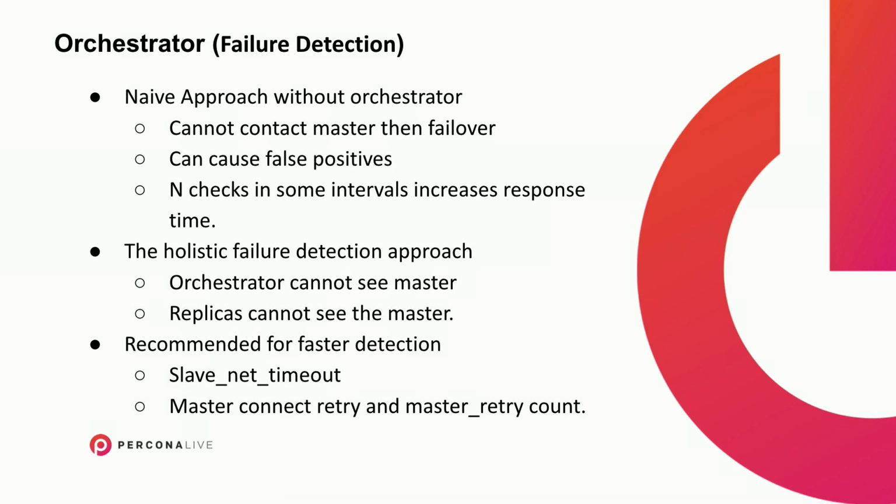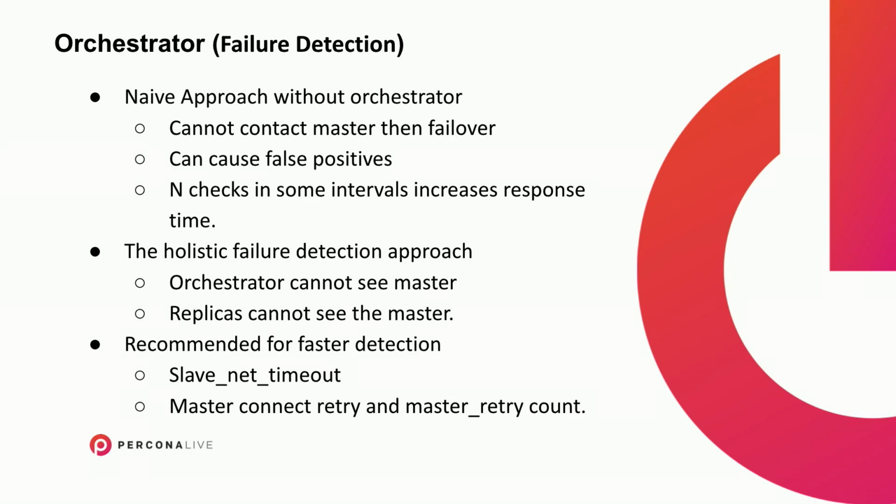Then they improved it by trying to connect to the master n number of times in n number of seconds. But what we are doing here is wasting those seconds for getting our application up, right? Because our application is down until the failover is complete. That increases the response time.